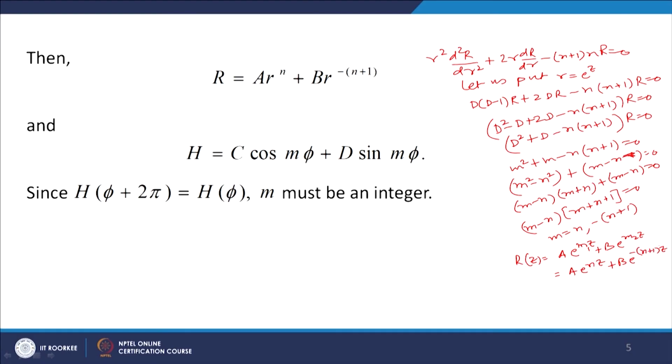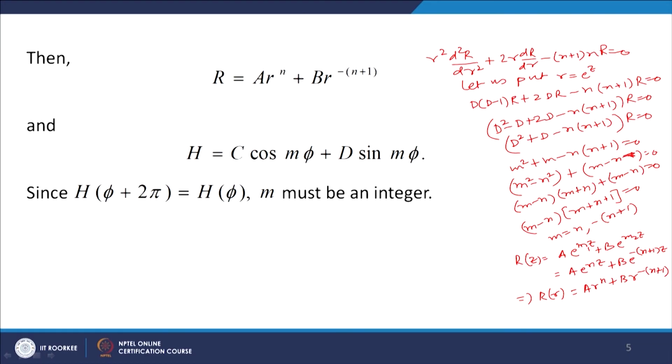Now, e to the power z is equal to r. So, replacing z by r, we get a r^n + b r^(-(n + 1)). So, this is how we get the value of R.